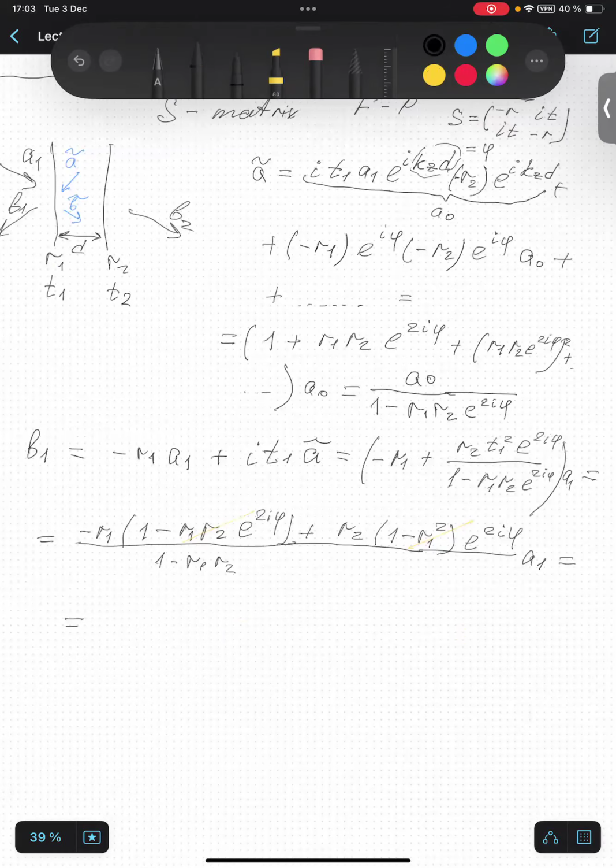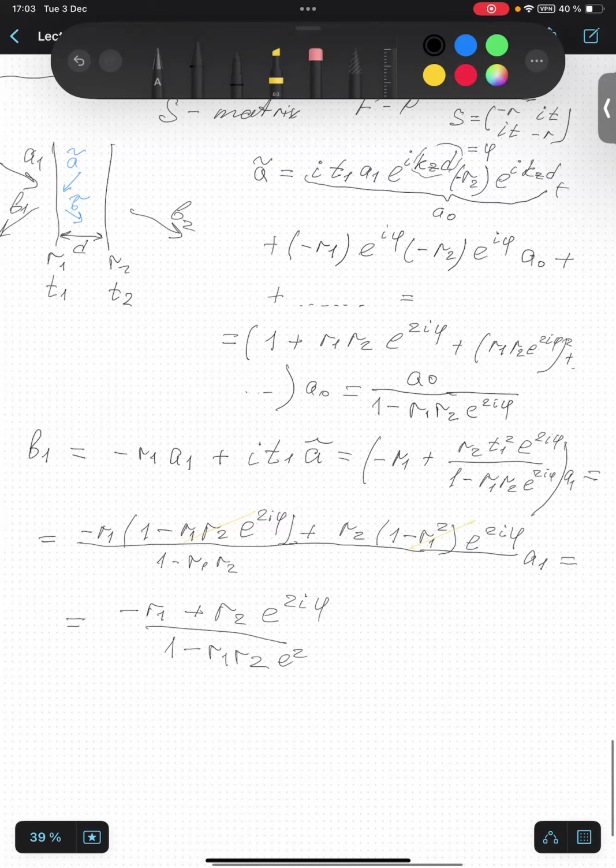And in the end, we will have minus R1, R2, e to the i phi, and the same denominator, times A1.